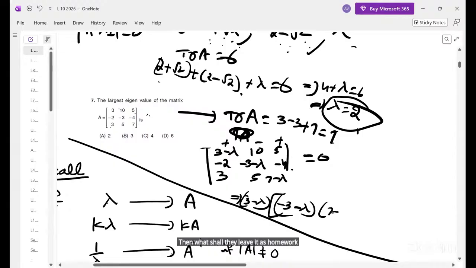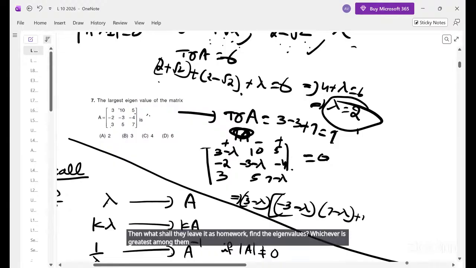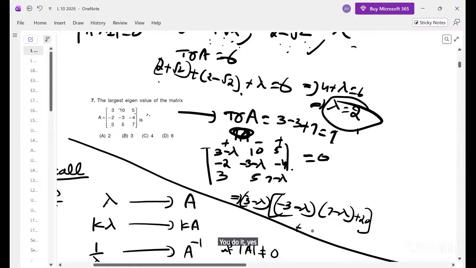Find the eigenvalues, and whichever is greatest among them is the largest eigenvalue. Okay, please do it as homework.